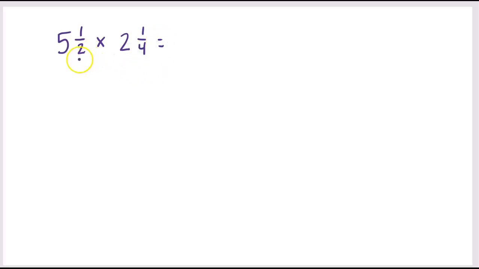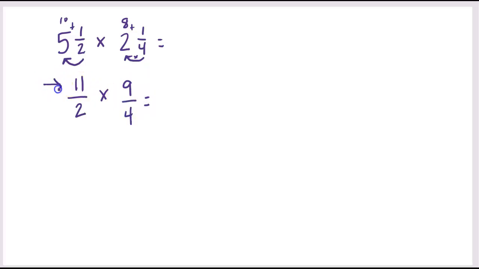Well, I'm going to change it to an improper fraction. 2 times 5 is 10, plus 1 is 11, and I keep that denominator of my fraction, which is 2, times 2 times 4 is 8, plus this 1 is 9, and I keep the denominator of 4.